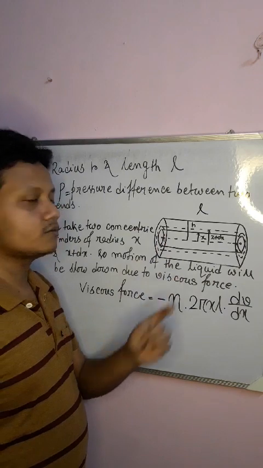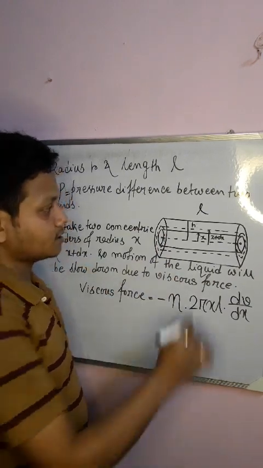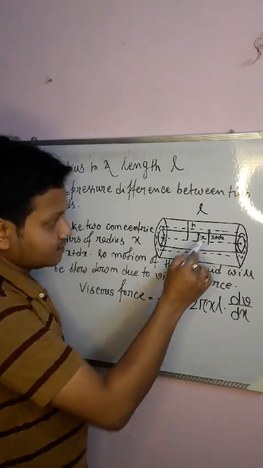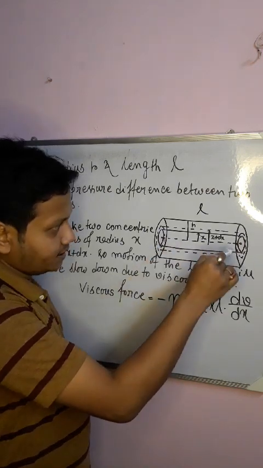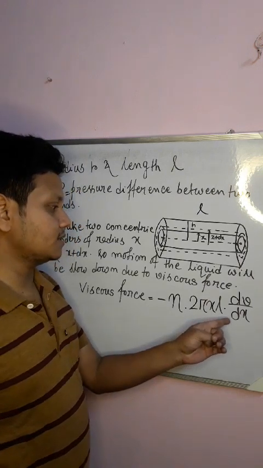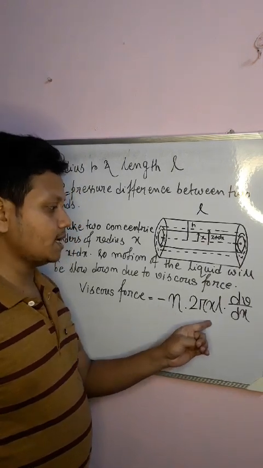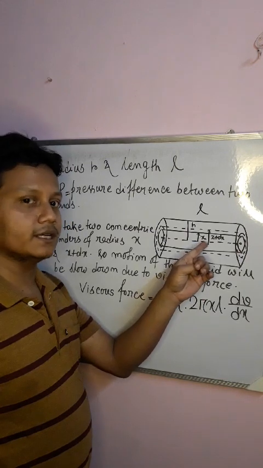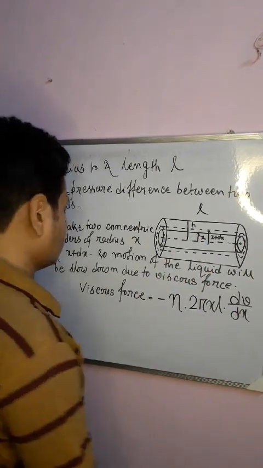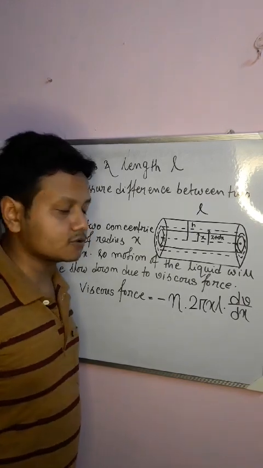Because the motion of the liquid will be slowed down by the viscous force on the surface of the cylinder, the viscous force is minus eta times 2 pi xL times dv/dx.